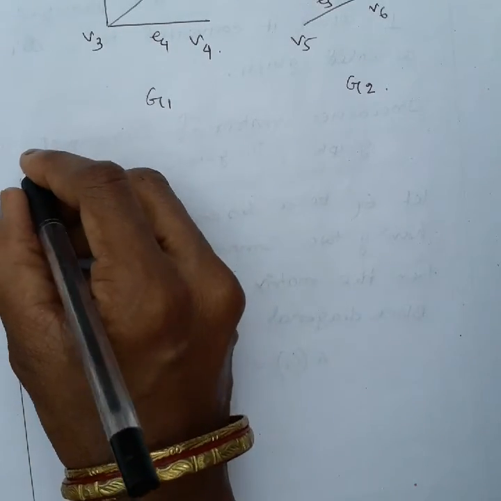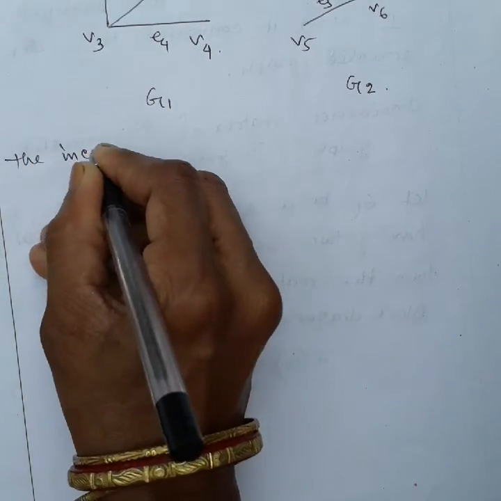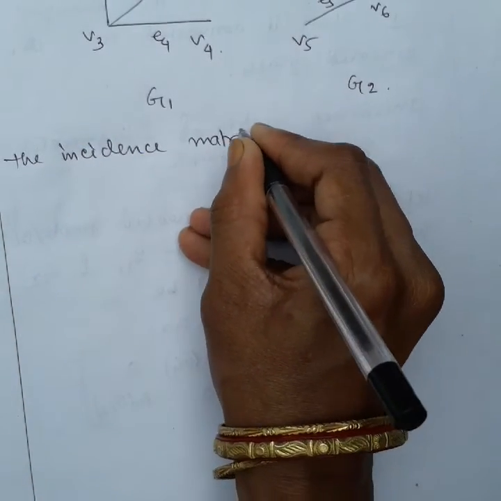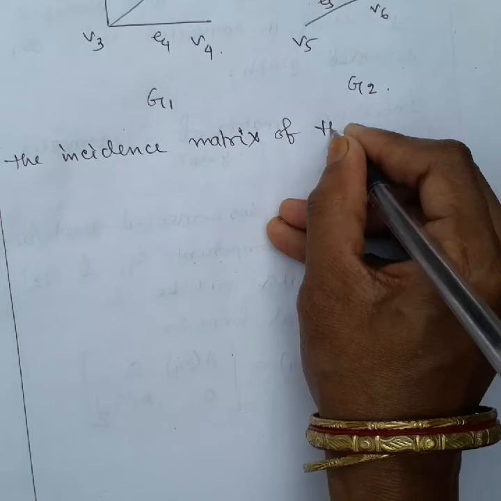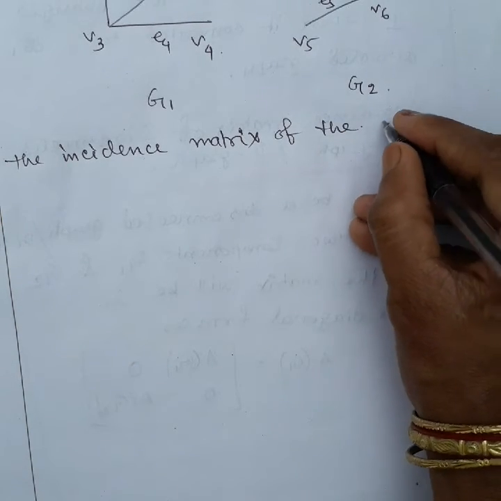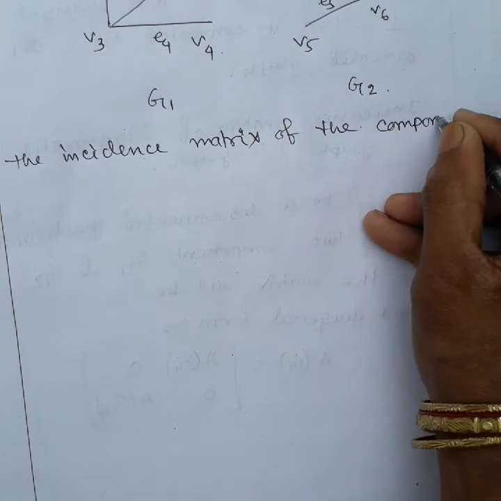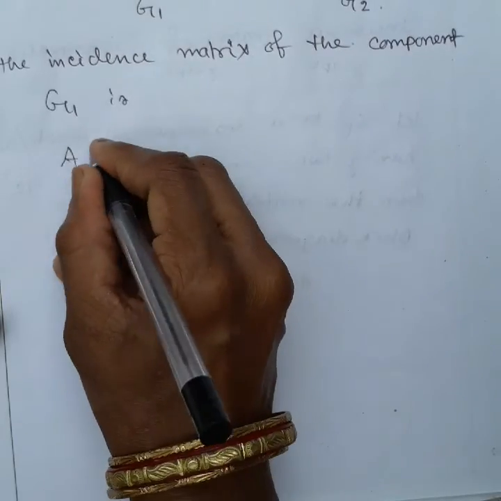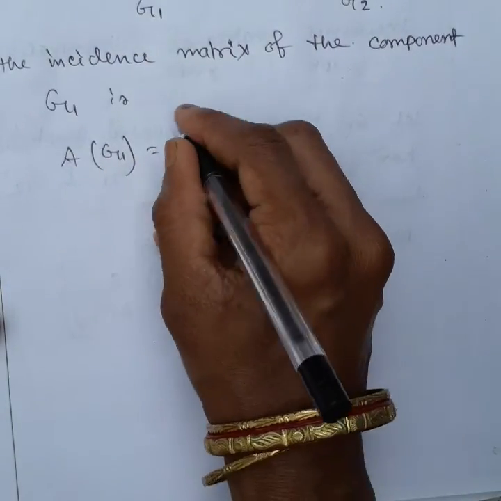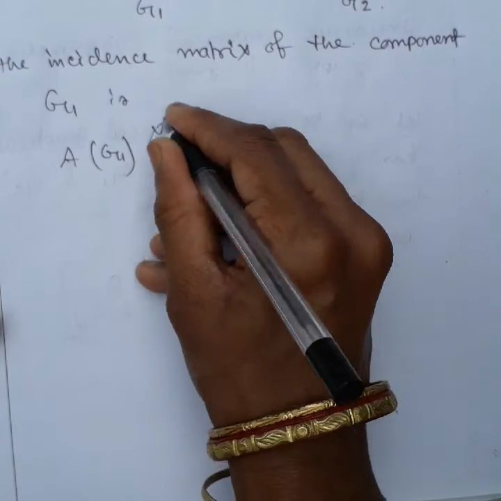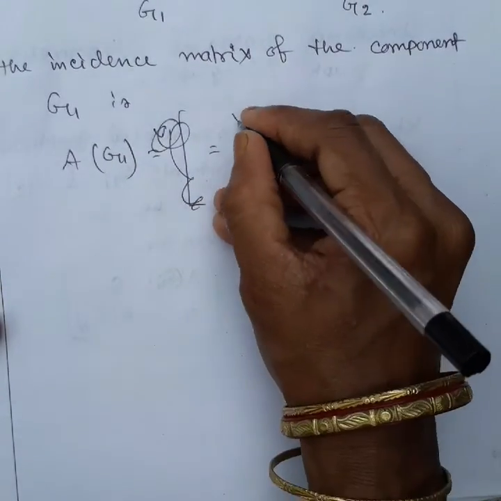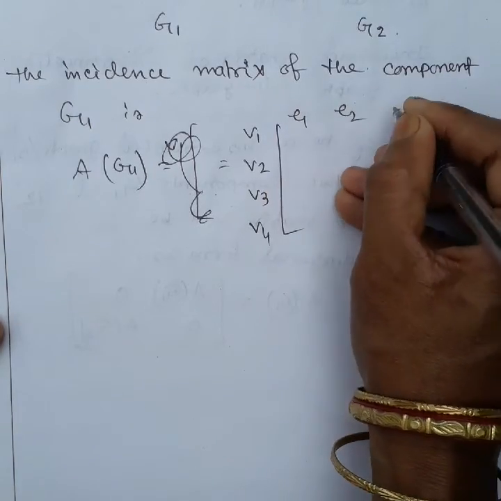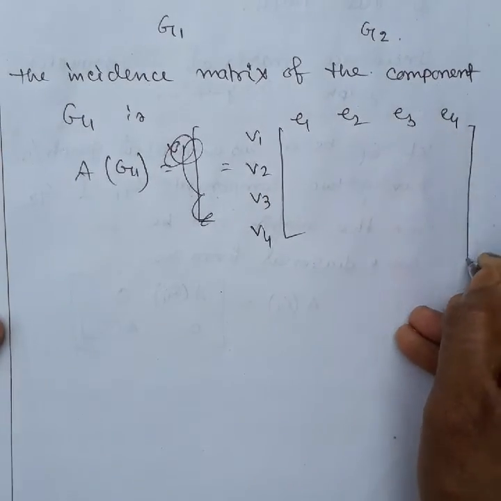So the incidence matrix of the component G1: first we find for G1, G1 is V1, V2, V3, V4, E1, E2, E3, E4.